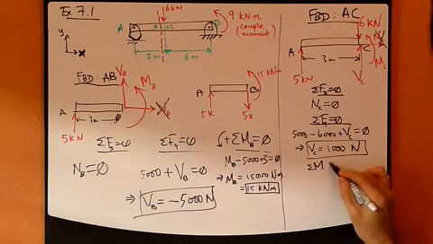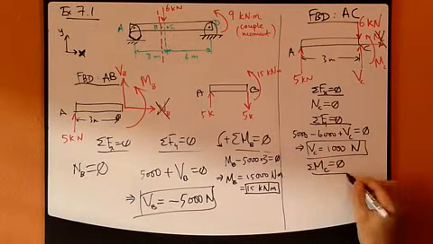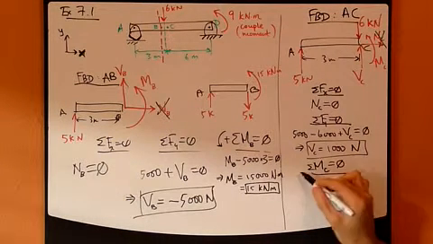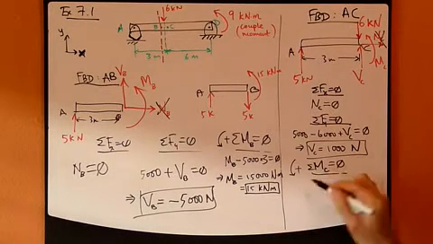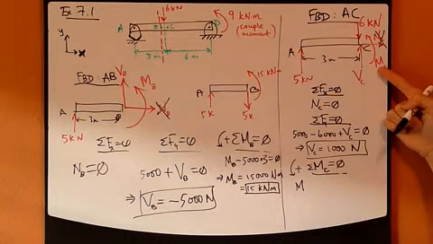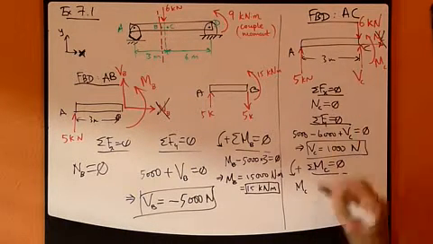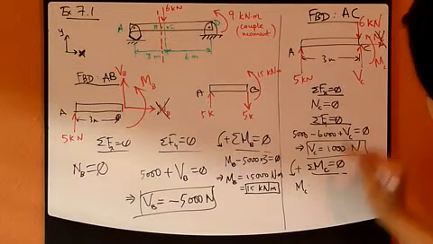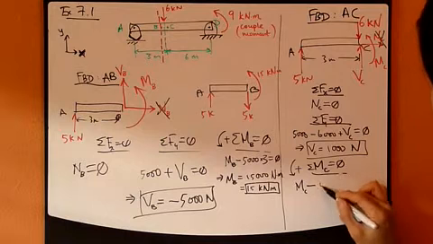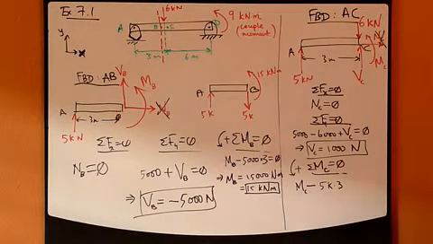Okay, last equation. Sum of moment. About what point? A convenient point to sum moment about is point C. I'm going to again assume that counterclockwise is positive. So I have this bending moment, MC, and a moment due to this force, and that's clockwise, so it's negative 5,000 times moment arm of 3 meters.